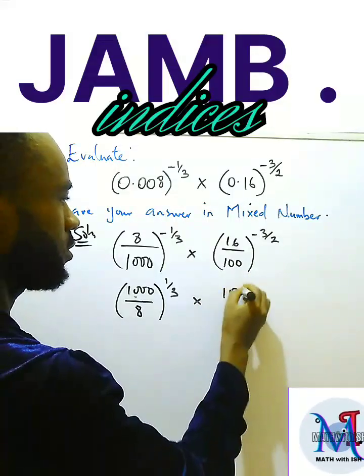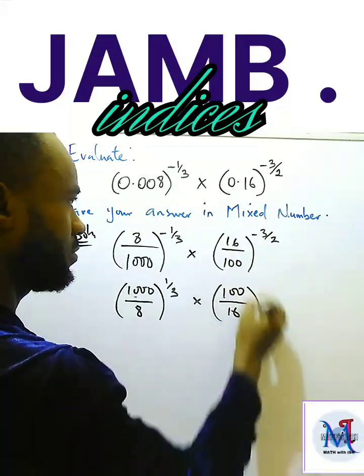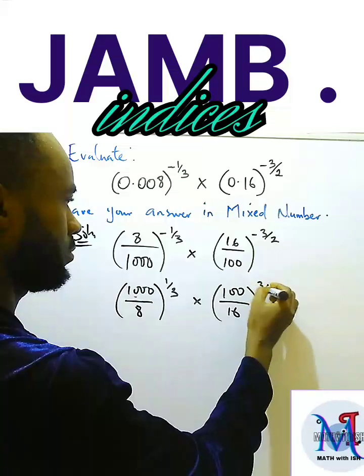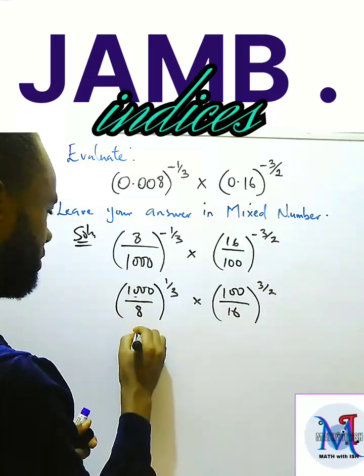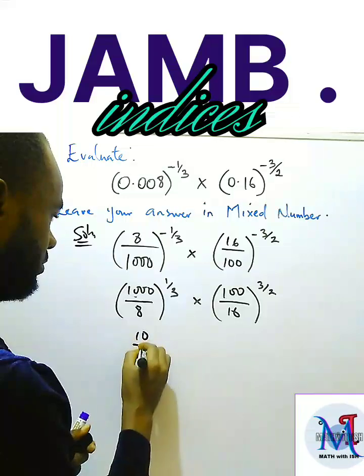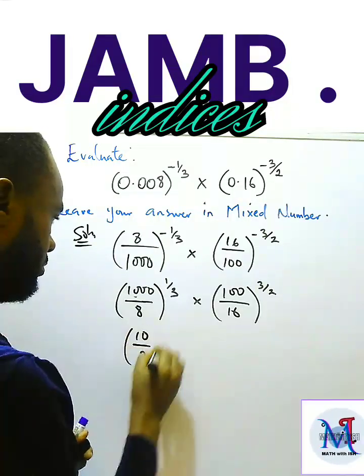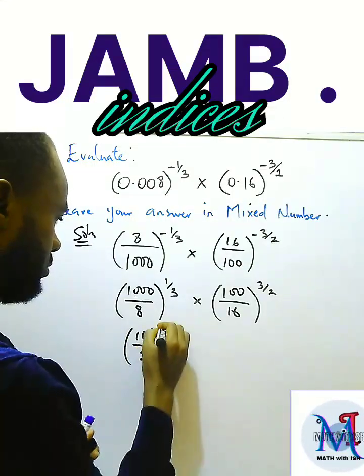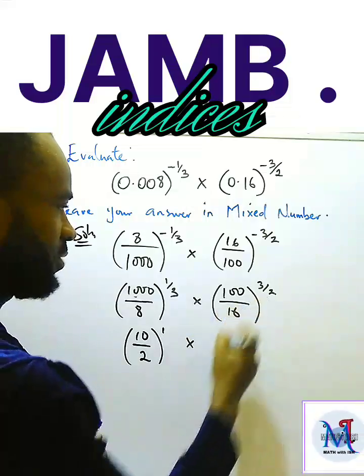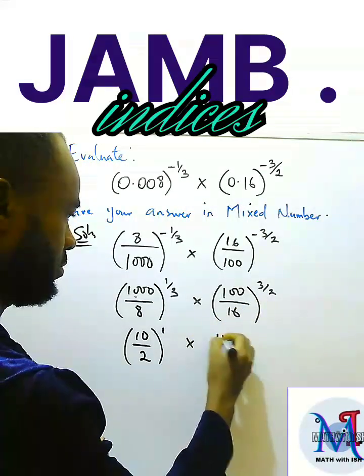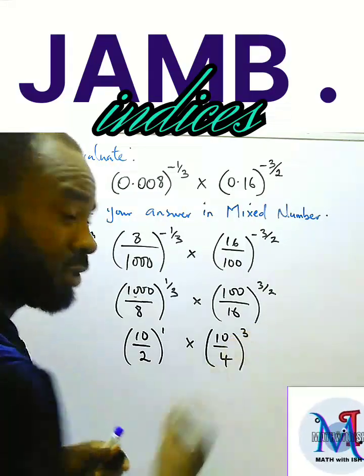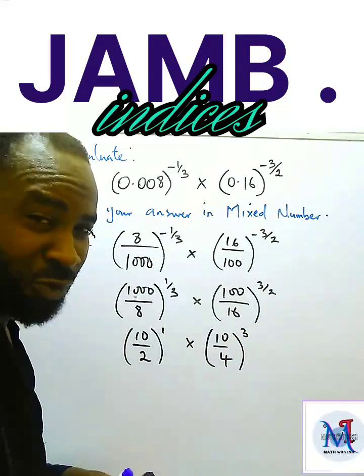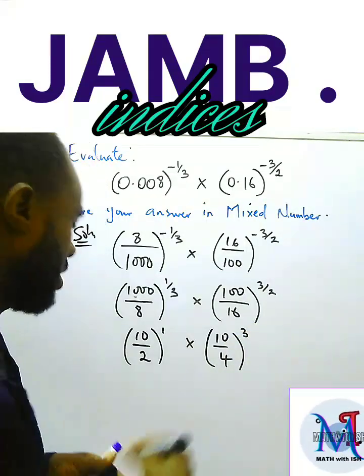This becomes 100 over 16. I hope you are seeing what I'm doing. And then this becomes... can you see what I'm doing? Don't worry, I'm going to explain, okay?